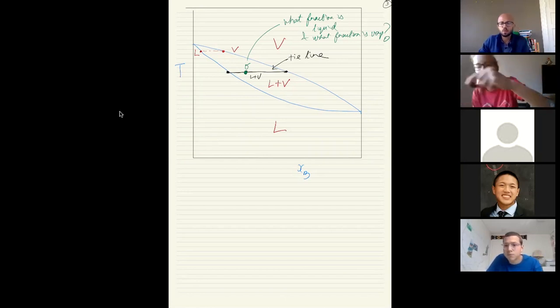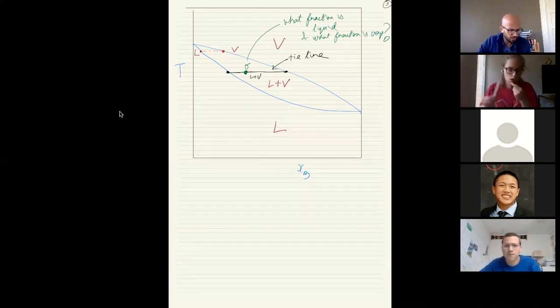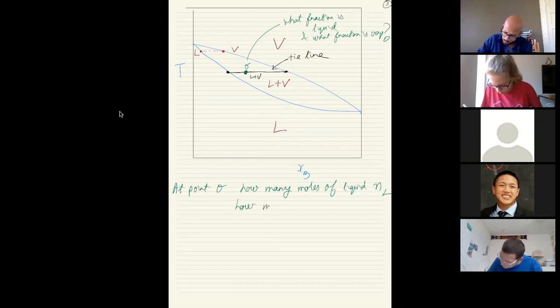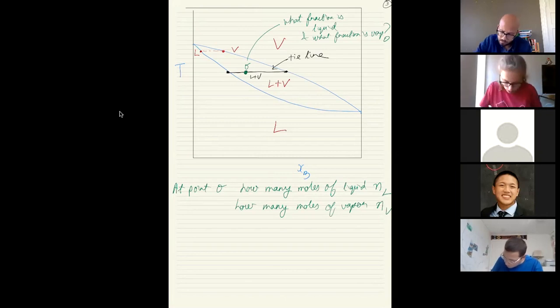So far, we have been saying, oh, both liquid and vapor will coexist. But let's give these things names. Let's say more than just fraction, we want to calculate at point O how many moles of liquid, let's call it N subscript L, and how many moles of vapor, N subscript V. Let's look at some sample points.